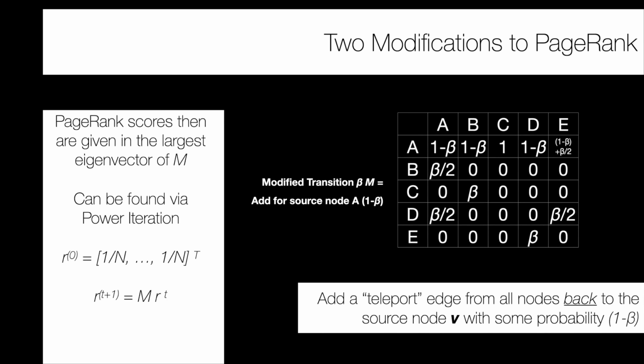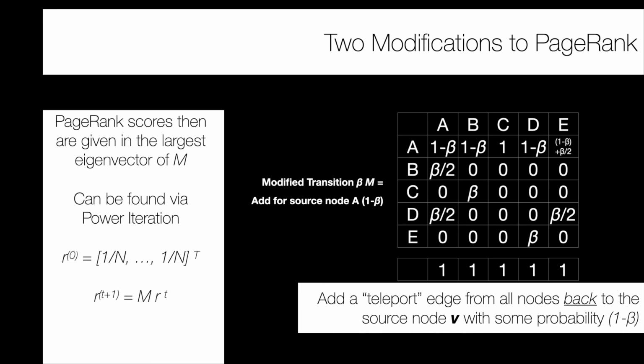So we just add this 1 minus beta transition for the row A, which says, if you convert this back into a node edge diagram, that between every node in the graph and our source node A, there is some additional edge that goes from, say, node B back to A with some probability 1 minus beta.